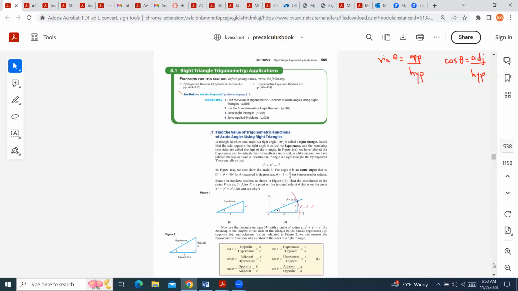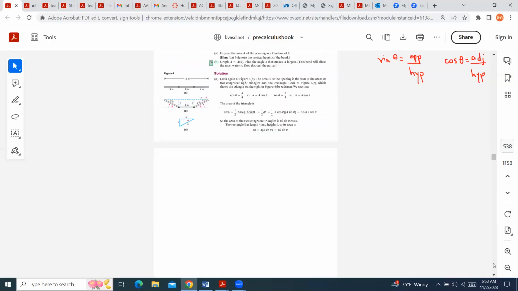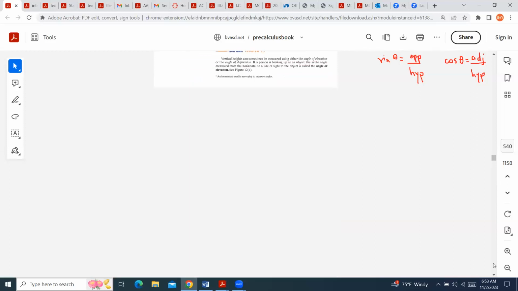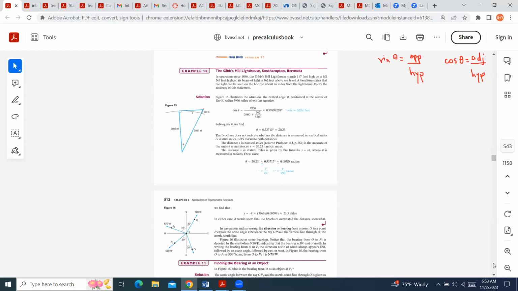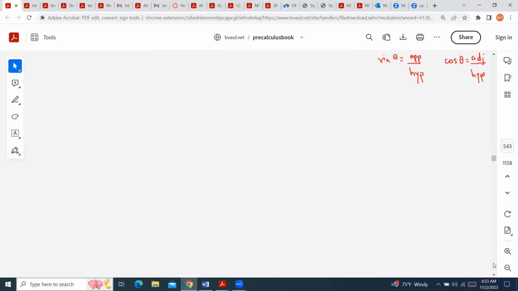Because in this chapter, we're going to be really concerned with names of angles and sides. And I guess we're going to start out by looking at the story of right triangle, the one we already saw last time.